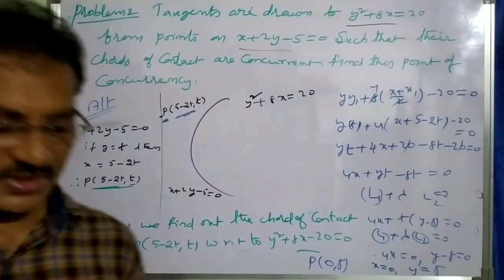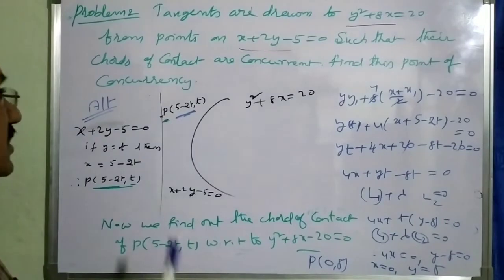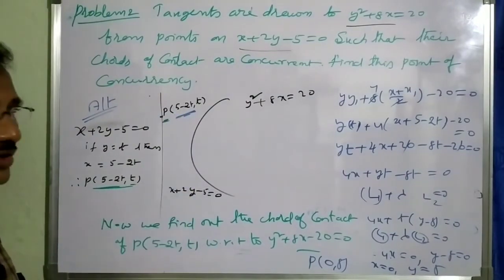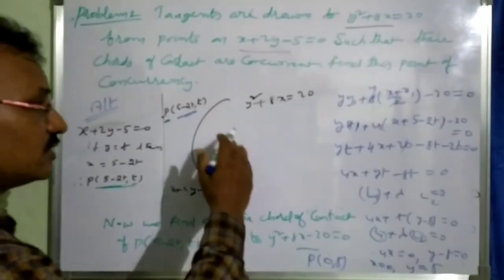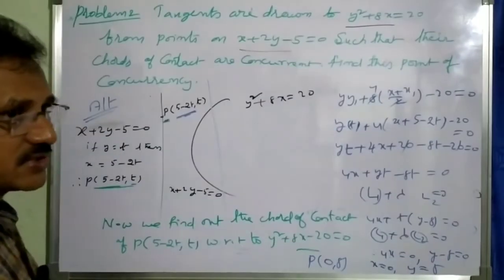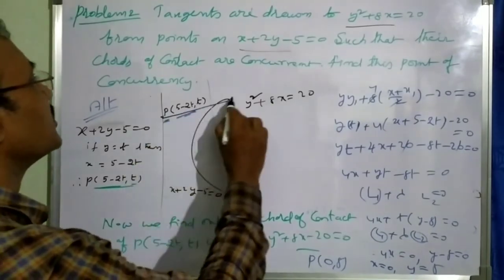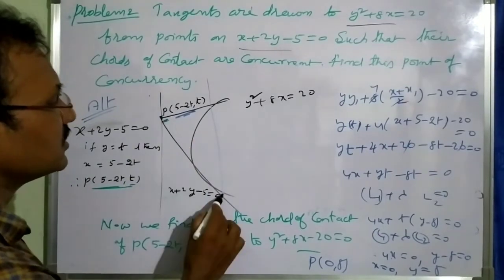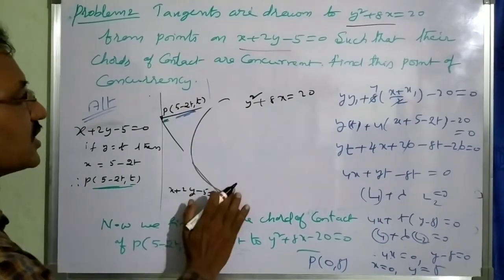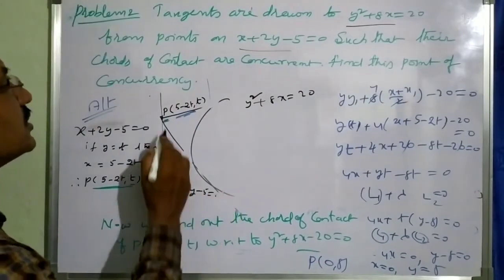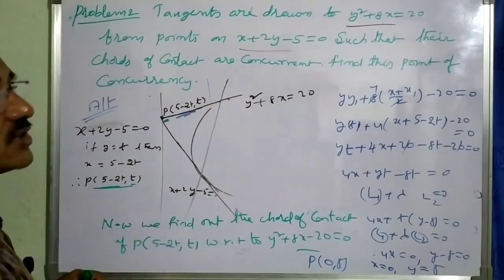Let us understand what I have done here. I am taking a parametric point on the line, and S1 is equal to 0 is the chord of contact for this point. That means we are drawing a pair of tangents to this conic; this is a pair of tangents, this is a chord of contact.